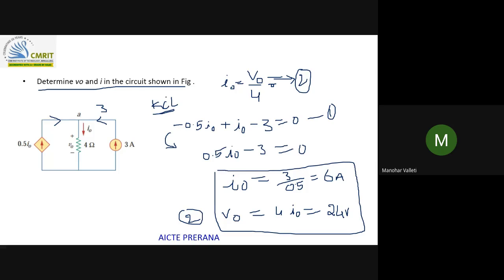So now I am writing KCL here. Will this be fine? Any doubts in this? I'll repeat once again. See, I am applying KCL at node A. So based on KCL, sum of leaving currents equal to 0.